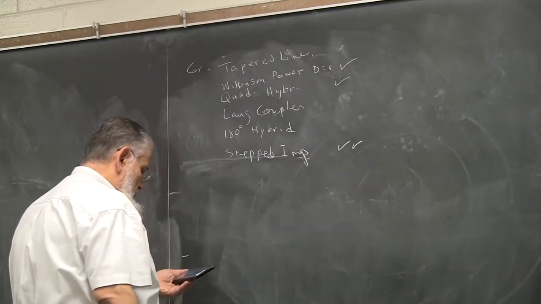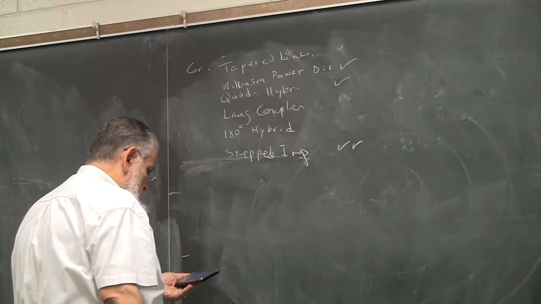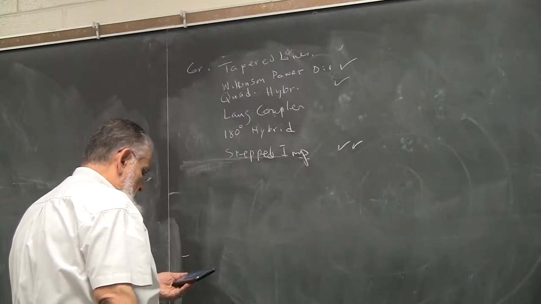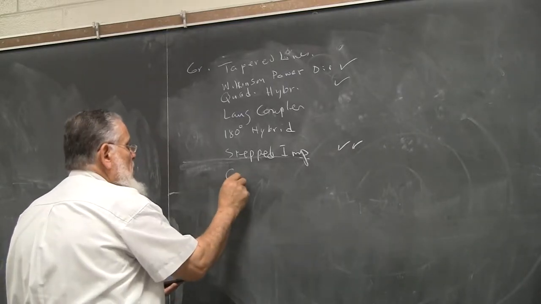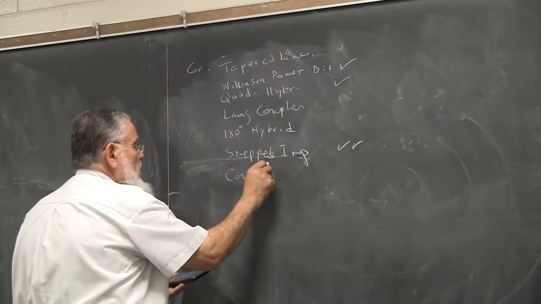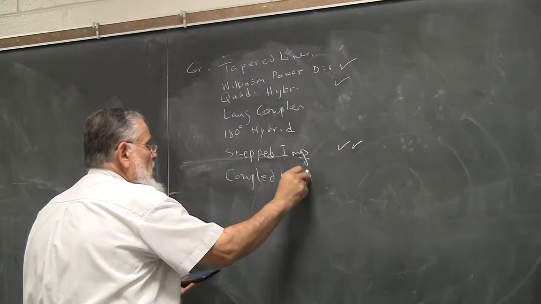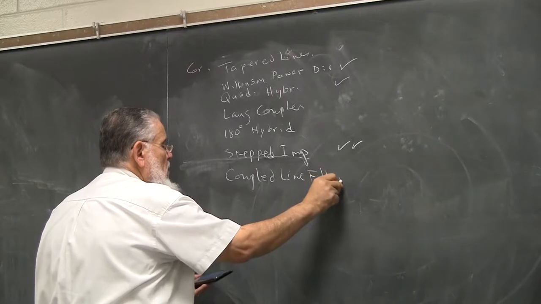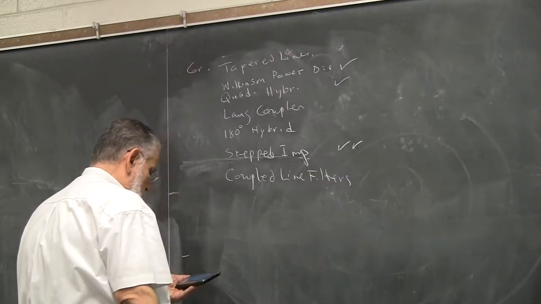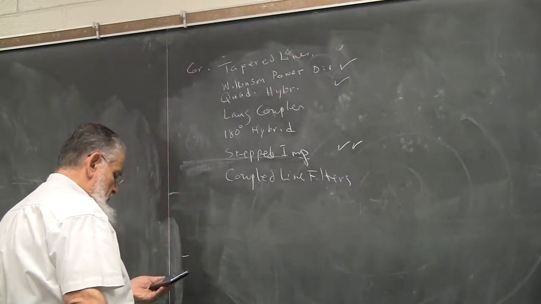We need one of them to choose something else. Coupled line filters. That is chosen.